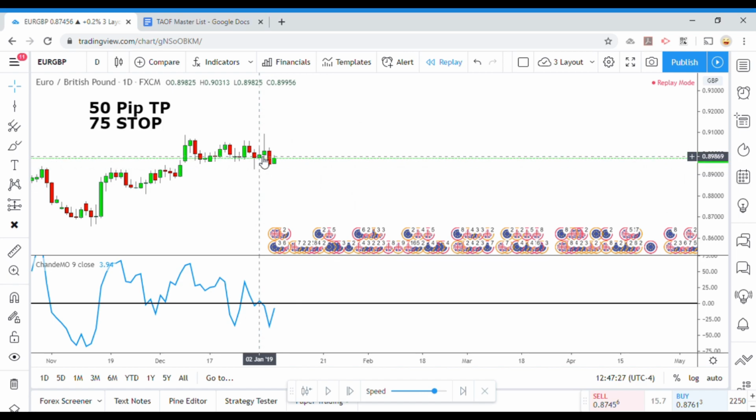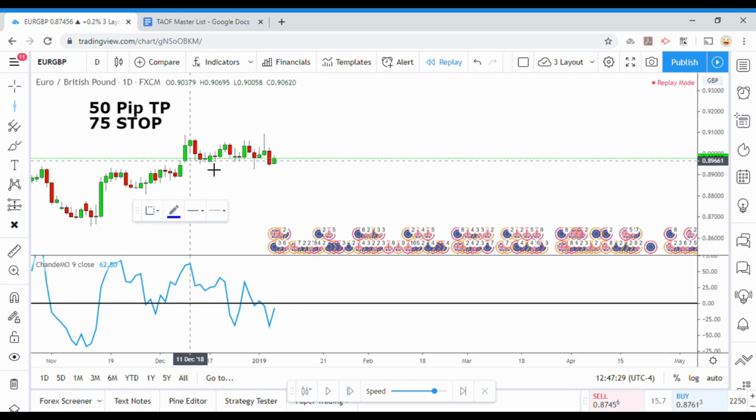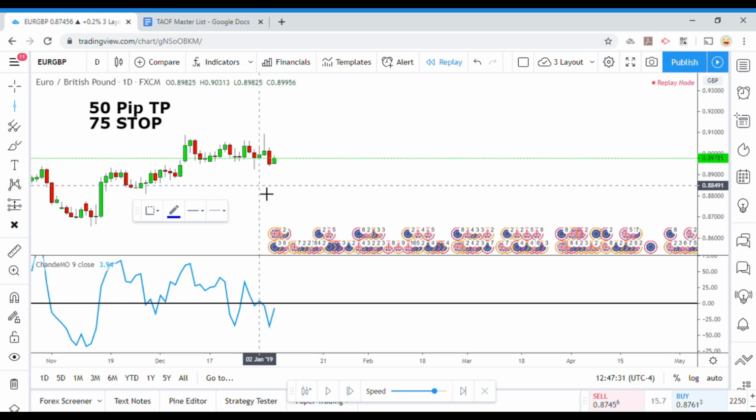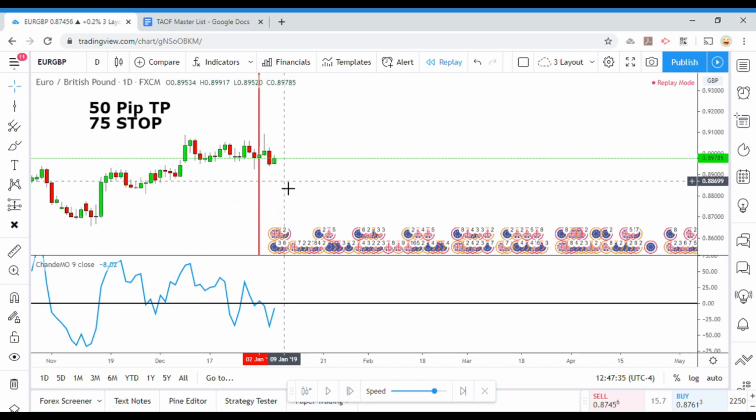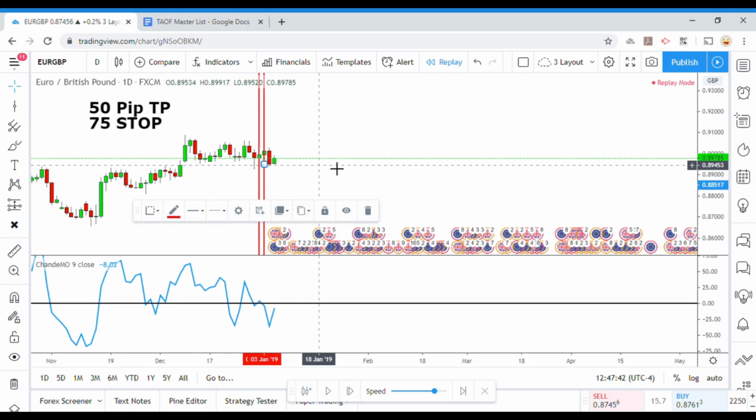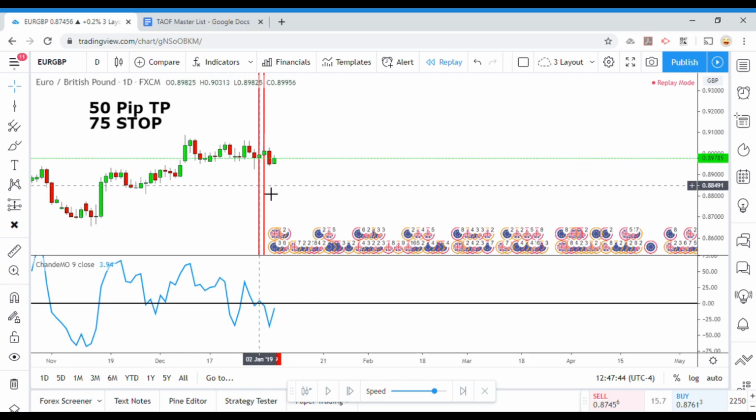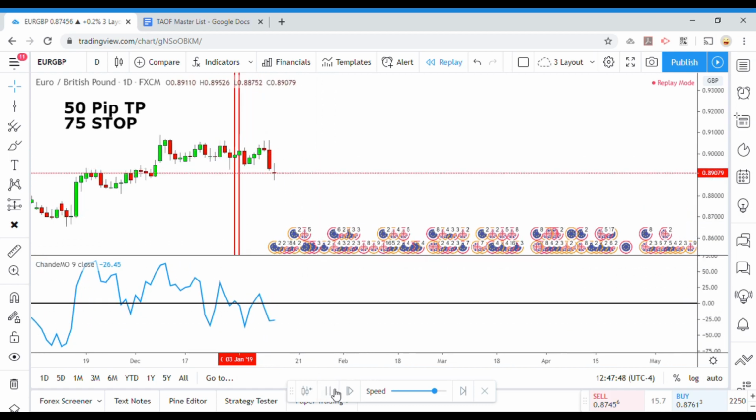And then it turned around and on that same candle gave us a reverse to go the opposite direction, before it turned around again and gave us a reverse to go back in the opposite direction. So that would have been a losing trade backed with a losing trade.